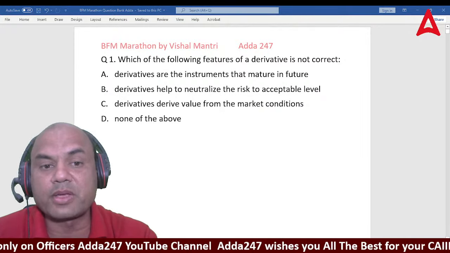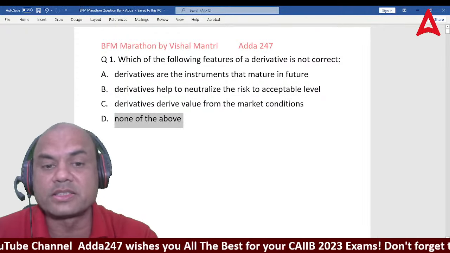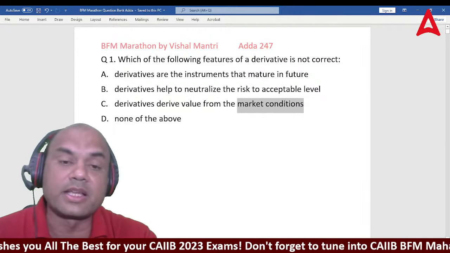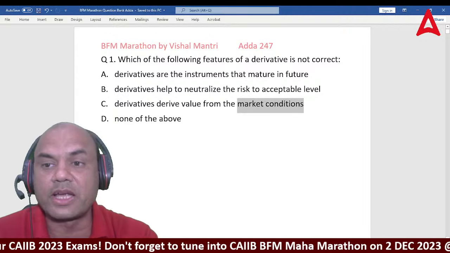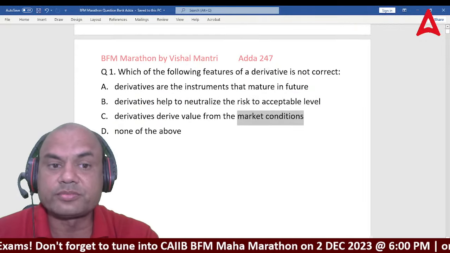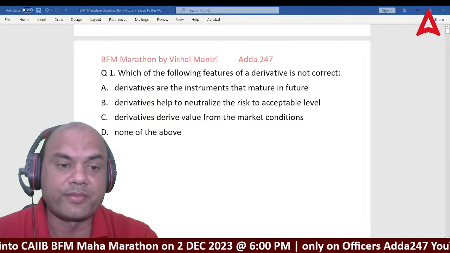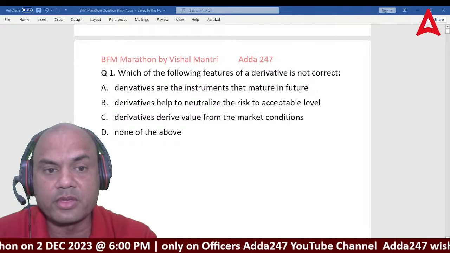So all of them are correct here, and the correct answer is D, none of these. Derivative value always depends on the market conditions, the present market situation. Got it? Okay, let's move on.